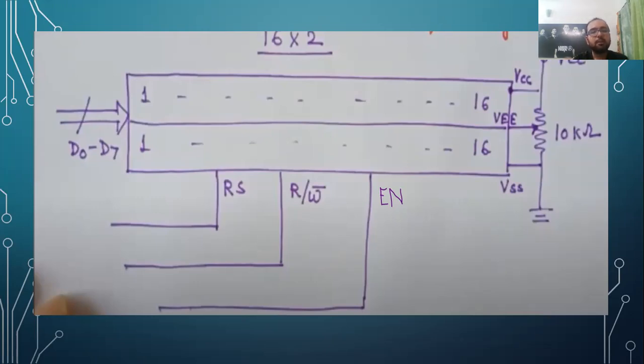So when you need to select both the 16 character rows and the 5x7 dot matrices, you use 38H. And then we have 0EH, which is to display the cursor on and off. And then we have 01H, which is a clear signal, which is used to clear the LCD screen.